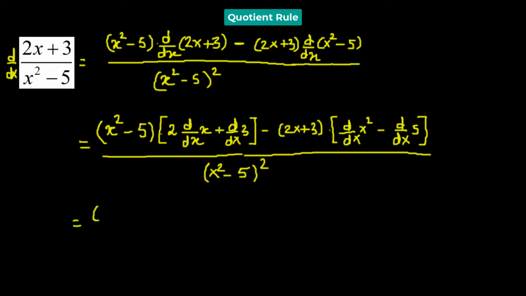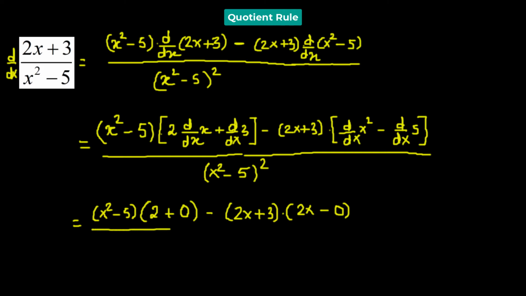So we have x squared minus 5 multiplied to 2 times the derivative of x, which is 1, so that gives us 2, plus the derivative of the constant function 3 is going to give us 0, minus 2x plus 3 multiplied to the derivative of x squared, which is 2x, minus the derivative of 5, that's 0, whole divided by x squared minus 5 whole squared.